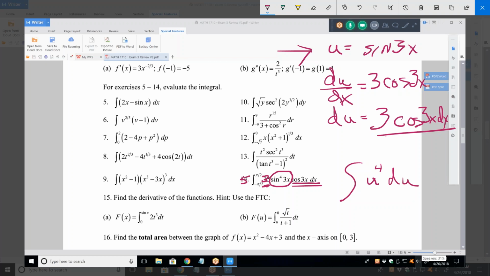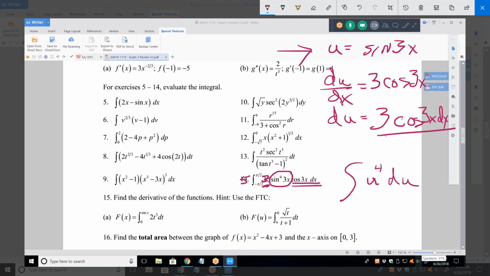Now I'm going to purposefully leave off the limits of integration. Notice that that is not an odd function, that is an even function. u to the fourth is an even function. So I can't just assume it's 0.